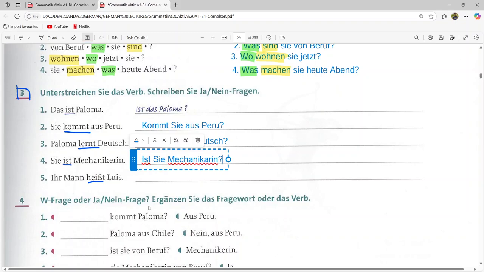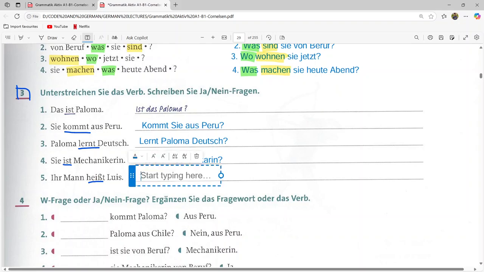Done. Is she a mechanic? Okay, last one. Heißt ihr Mann Lukas? Is her husband's name Lukas? Okay, done. All the tasks are done.